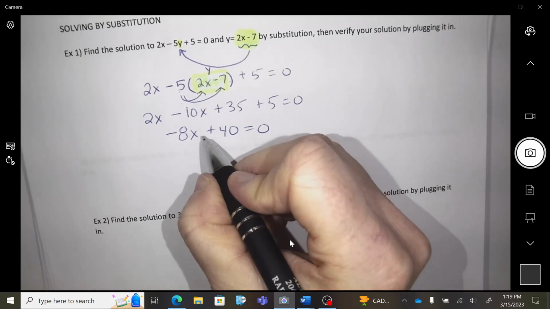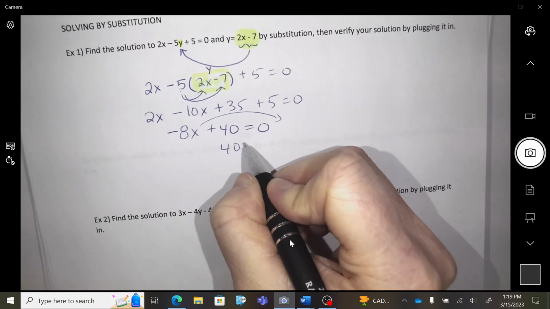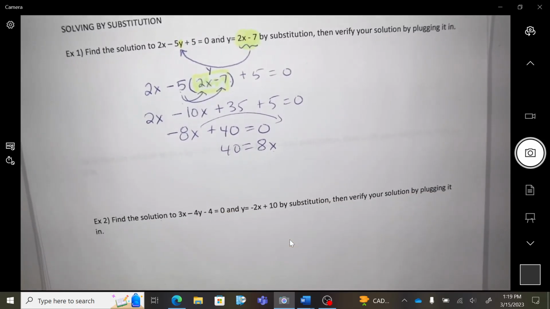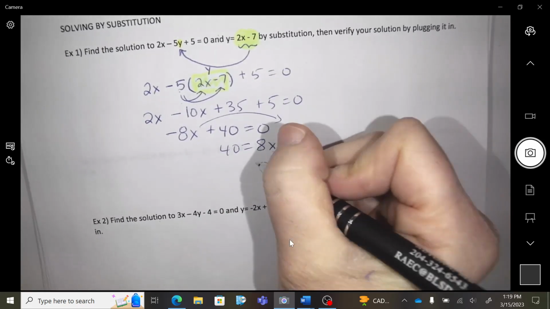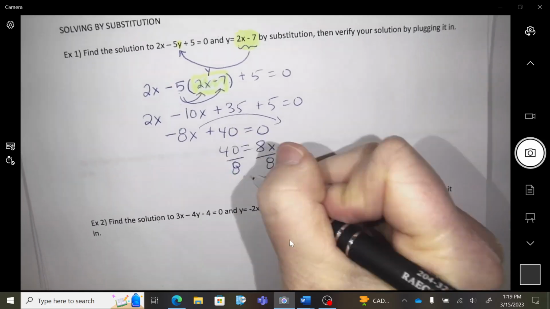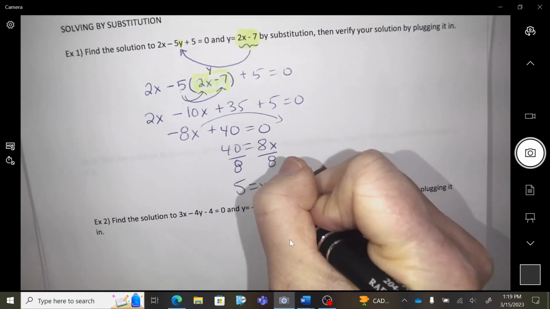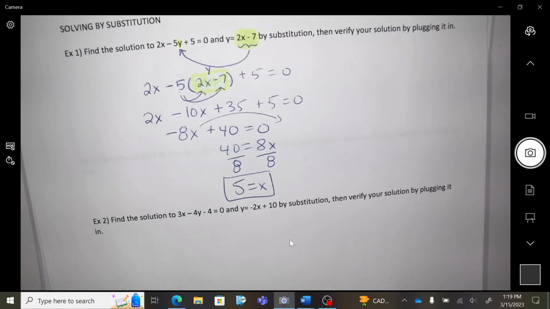Okay, I'm going to move the 8x. So I got x equals 5.